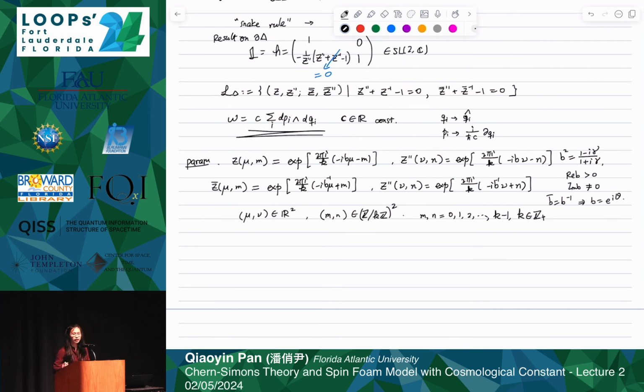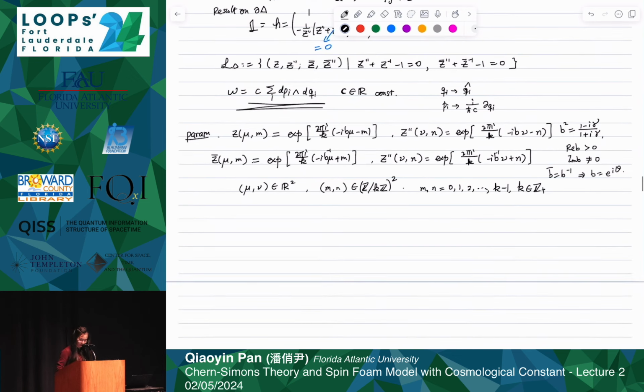So already from here, you get a sense that we will get some truncation for this discrete variable, and this will lead us to the finite amplitude in the end, which we will see tomorrow.